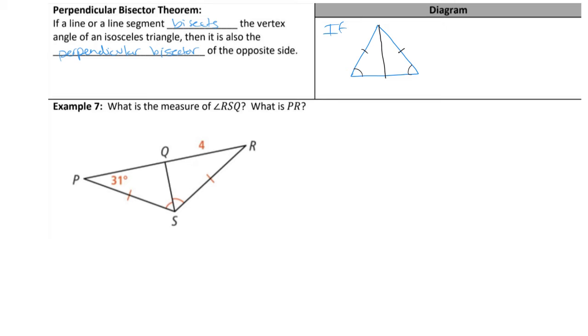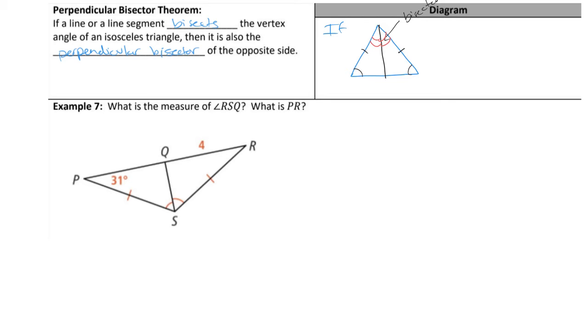If we put this bisector, what that does is cut this in half, so we get two congruent angles here, because they're cut in half. We got to make two arcs, right?